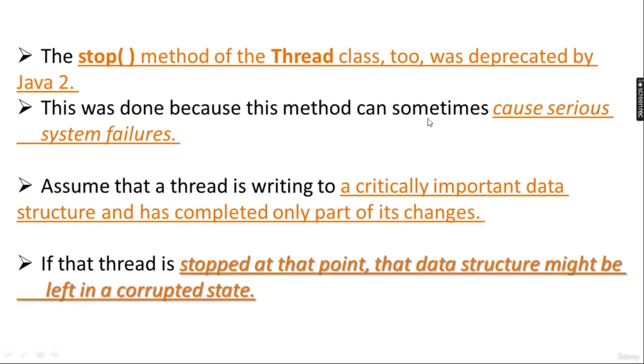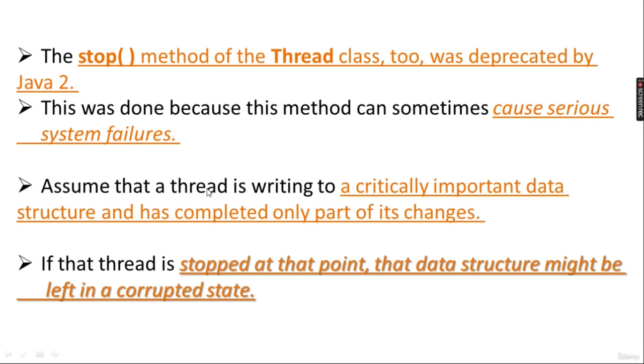The stop method of the Thread class was also deprecated by Java 2. This was done because this method can sometimes cause serious system failures. Suppose a thread is writing a very critical, important data structure and it has completed only part of its changes. If it is stopped in between, the data structure might be left in a corrupted state.